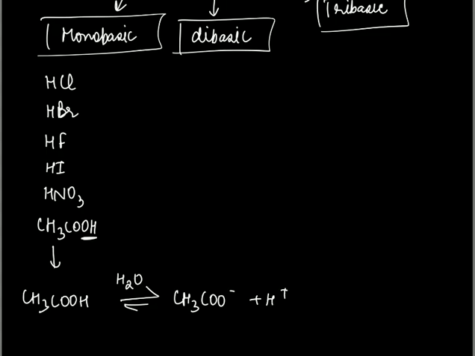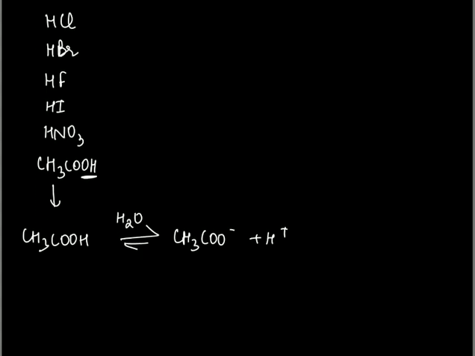Remember, we can discuss why only this hydrogen is getting released and why these hydrogens are not getting touched. If you see the electronegativity value of carbon and hydrogen, it's approximately 2.1, as my memory serves. If they have the same electronegativity, the difference is zero. That means they won't break the bond.